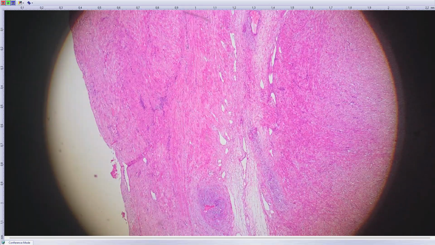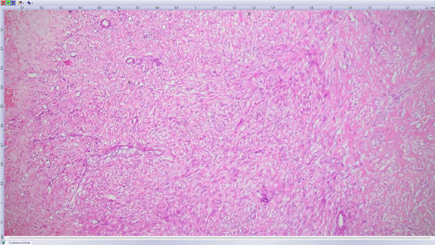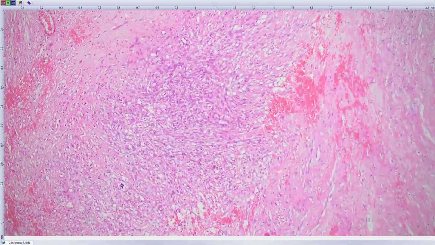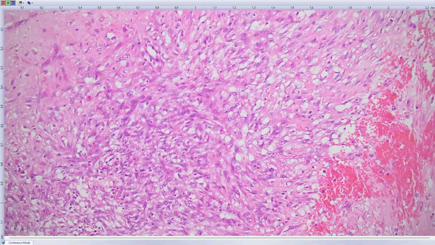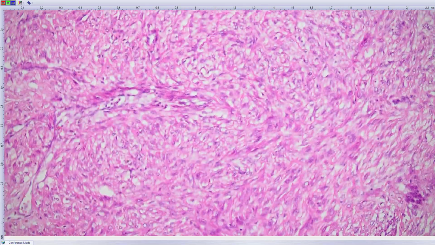Okay, next case was a 25-year-old woman with a leiomyoma diagnosis, and her myoma was removed, but there was a lot of necrosis in the tumor. If I go to the viable areas, there was no increased mitotic activity, no atypia.